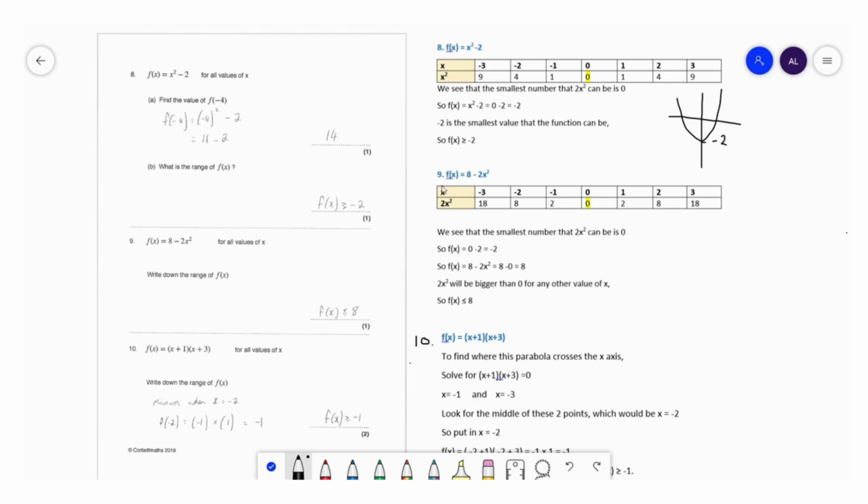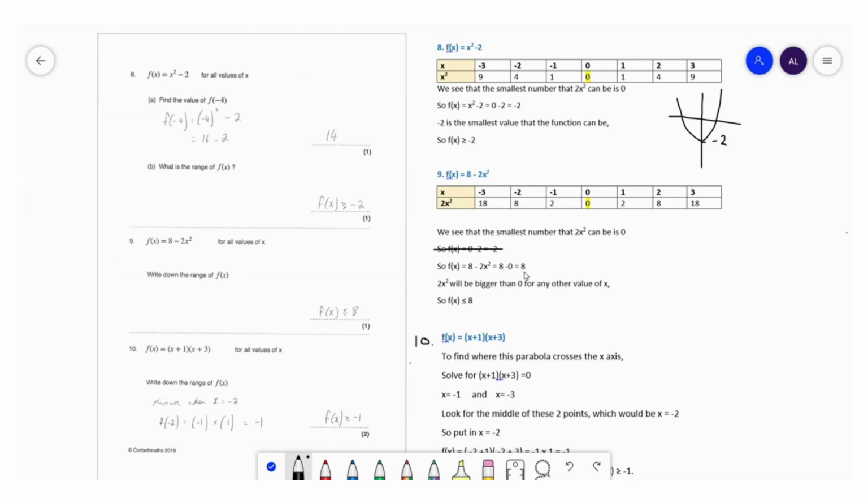For question 9, we do the same. We put in some values of x in, and we see that the smallest value it can be is 0 again. So we put that into the function and we get f(x) equals 8.